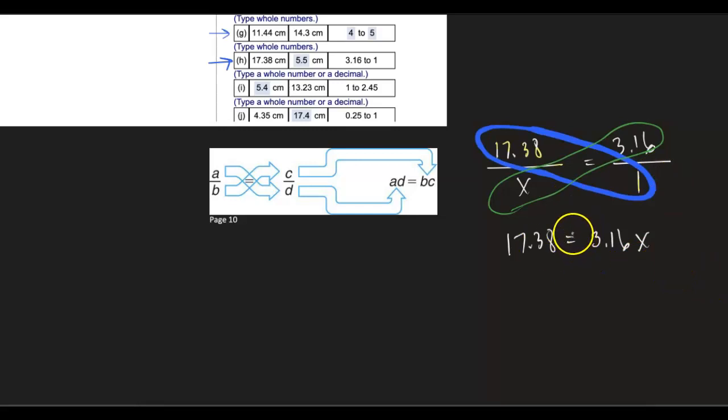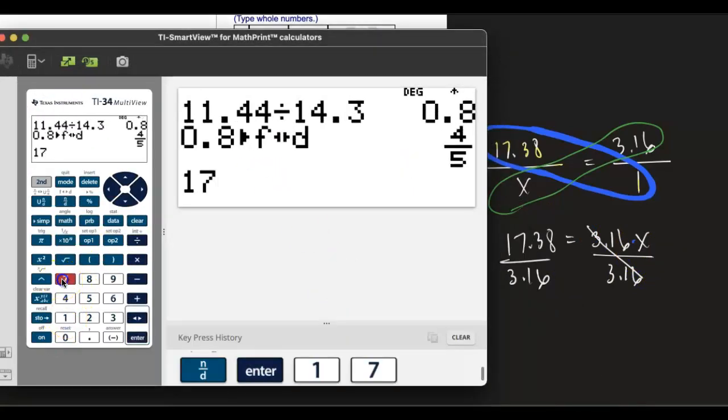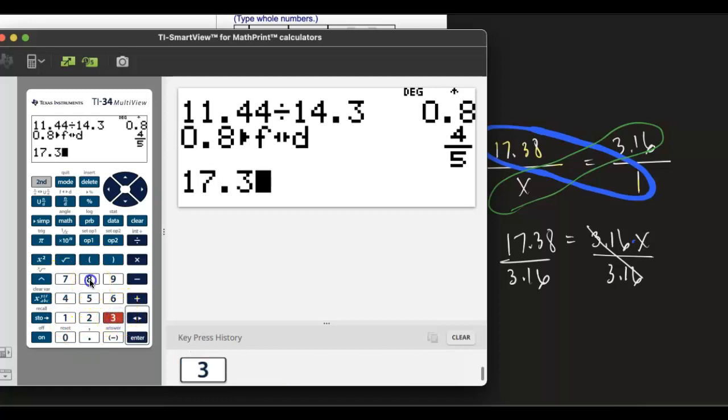Now, I know in the text that they say use the one-step process, and really what I'm showing you here is a two-step process, because notice that x is still not isolated. It's understood to have a multiplication symbol right here. So to undo the multiplication, we divide both sides by 3.16. And I could check that in my calculator real quick. 17.38 divided by 3.16.